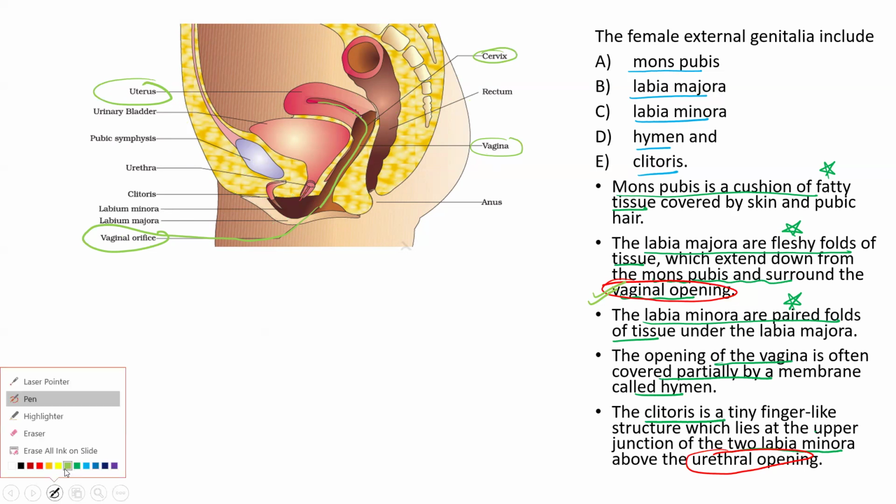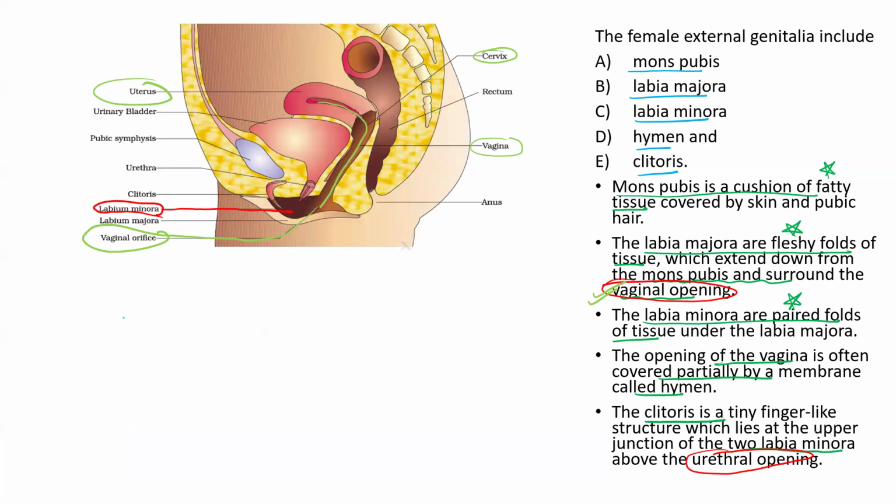Now, this is your labia minora. See this labeling, this is labia minora. Clear? And this is labia majora. And this is your vaginal orifice, and here is your urinary bladder, and this is your urethral opening.